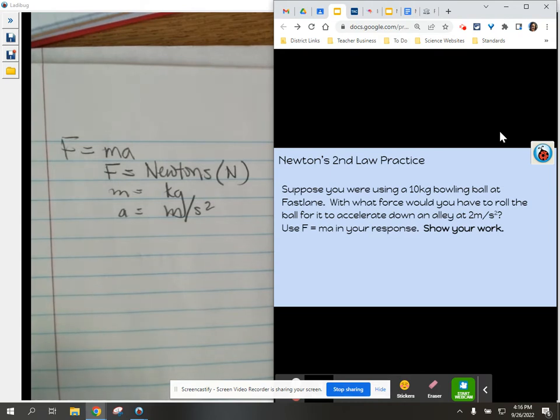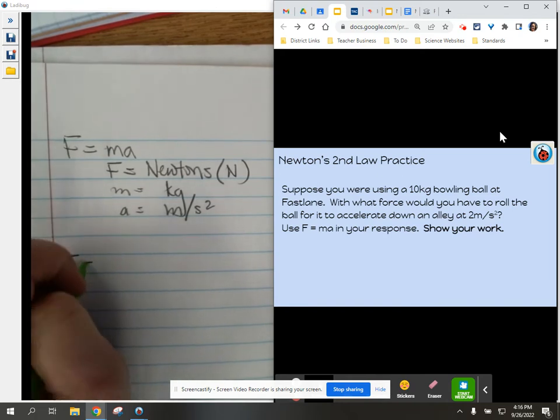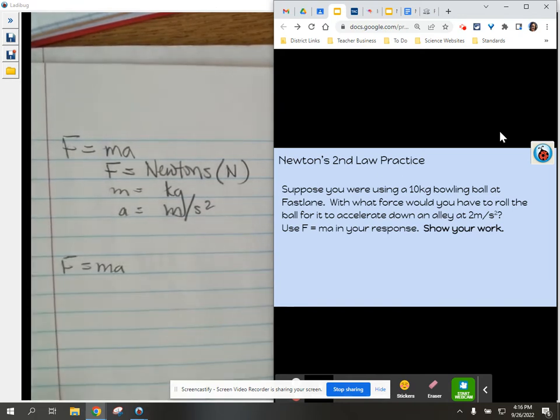So let's look at the problem. It says, suppose you were using a 10-kilogram bowling ball at fast lane. With what force would you have to roll the ball for it to accelerate down an alley at 2 meters per second squared? Use F equals ma in your response and show your work. So every time we're going to write down the equation, force equals mass times acceleration.